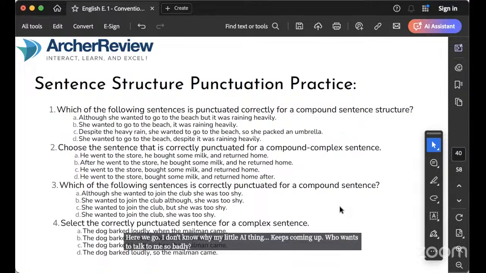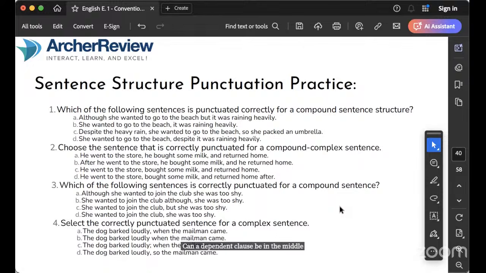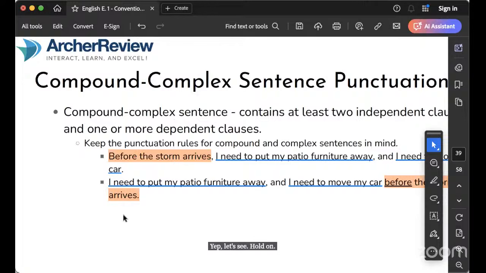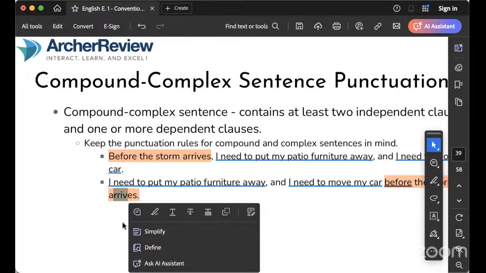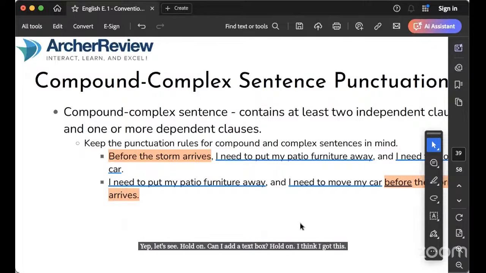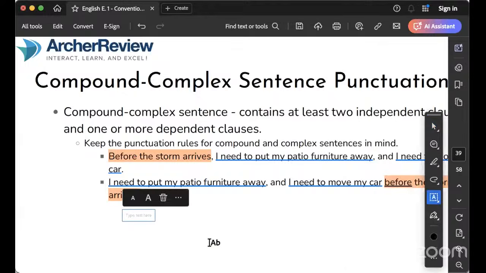Can a dependent clause be in the middle? It sure can. Let's see. Hold on. Can I add a text box? Hold on. I think I got this. All right.